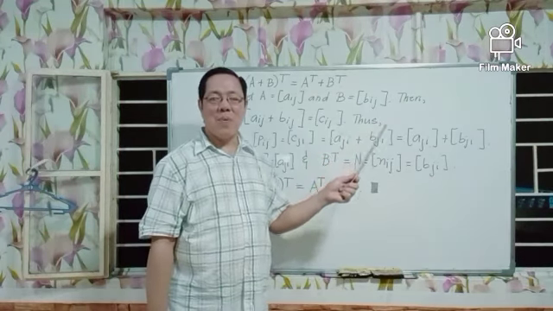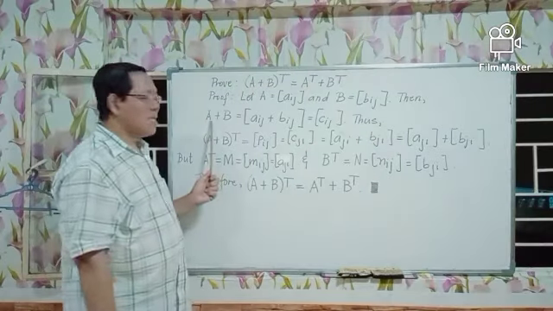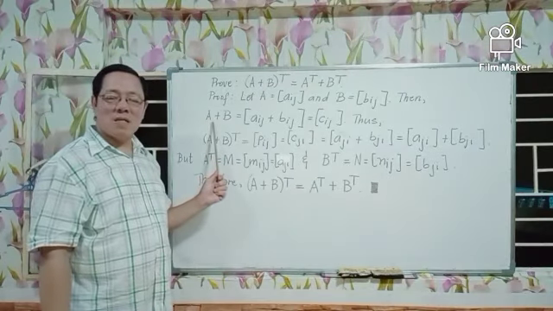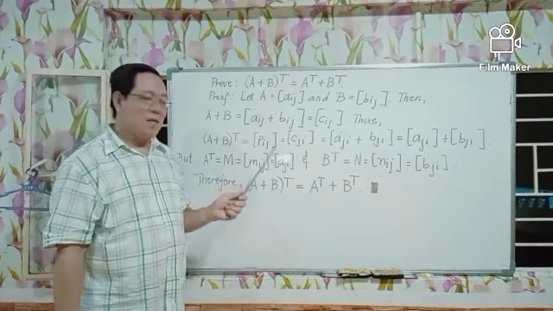Now we get the sum A plus B. By definition of addition of matrices, we add the corresponding entries.